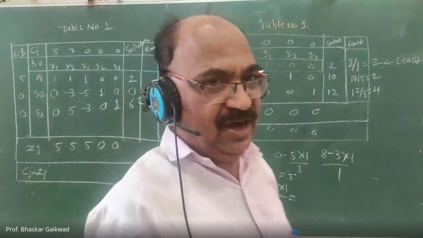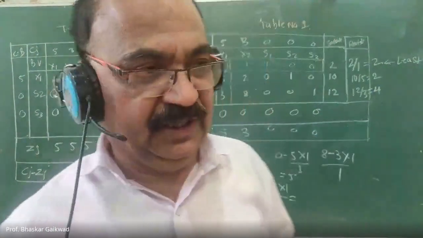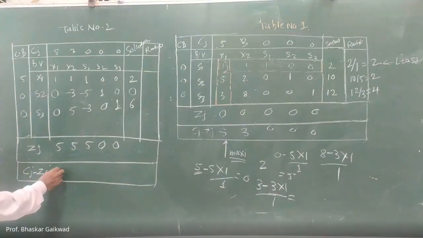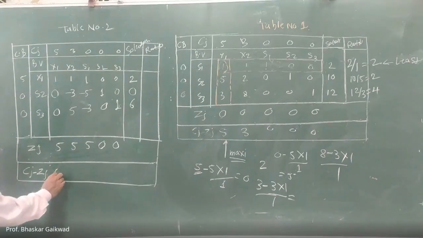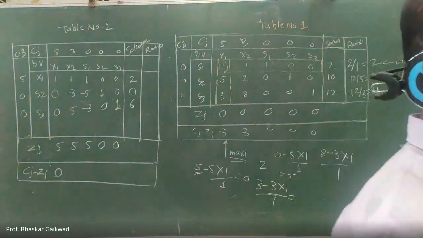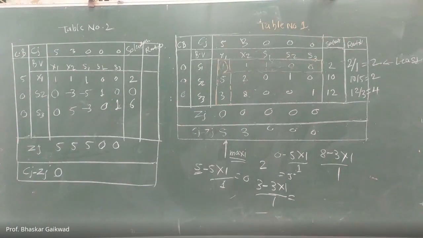So ZJ are positive. After this, we can get this value, CJ minus ZJ. So what is here? 5 minus 5. What is here? 0. Correct? 0 should be there or not?